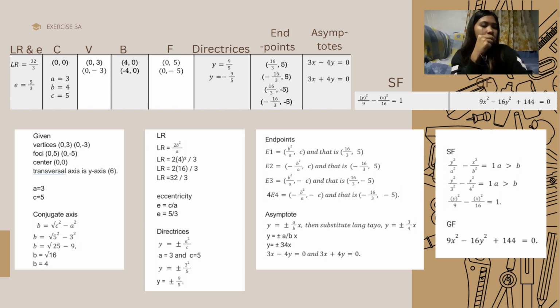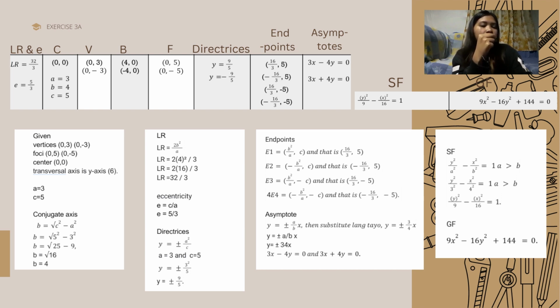And then, susunod naman na gagawin is to find our asymptotes. So, formula natin for this one is y is equals to positive negative a over b x. And then, once we substitute that, yung values, we can get y is equals to positive negative 3 over 4x.